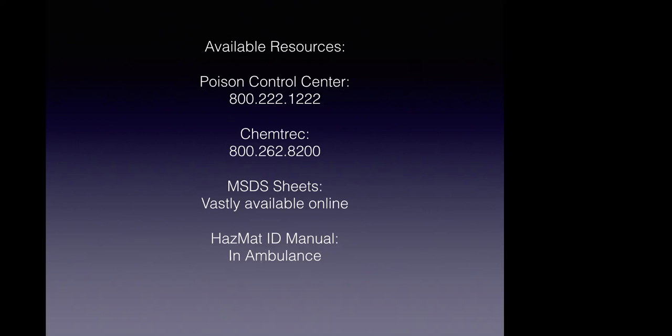Incidentally, there's the number for Chemtrack. They're a great chemical resource, and they'll be able to get you anything else. And of course, the Poison Control Center. Additionally, the state EM office can contact any of the regional hazmat teams in the state of North Carolina.